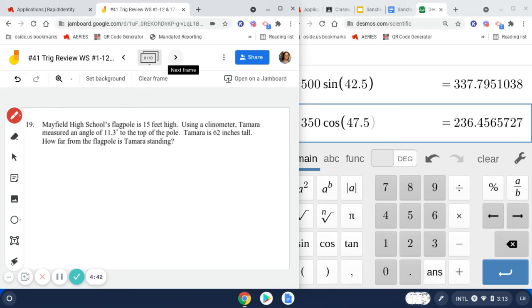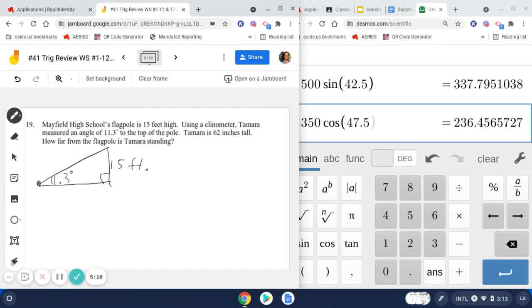Okay, pause the video, you try it, let's see how you did. Using a clinometer, Tamara measured the angle to the top of the pole. So again, here she is down here, looking up at a pole. So the flagpole is 15 feet high, and she measured an angle of 11.3 degrees, and Tamara is 62 inches tall.